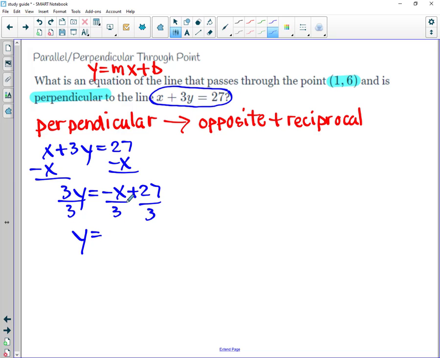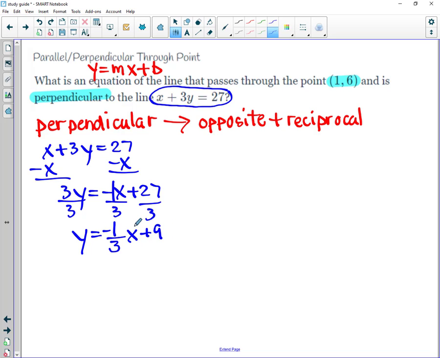Just like I did in the last one, I often divide the x and the constant term by different 3's, instead of writing one big fraction, because often your b value will simplify. So we can put a 1 here. This is really -1/3 x. And then 27 divided by 3 gives us 9.